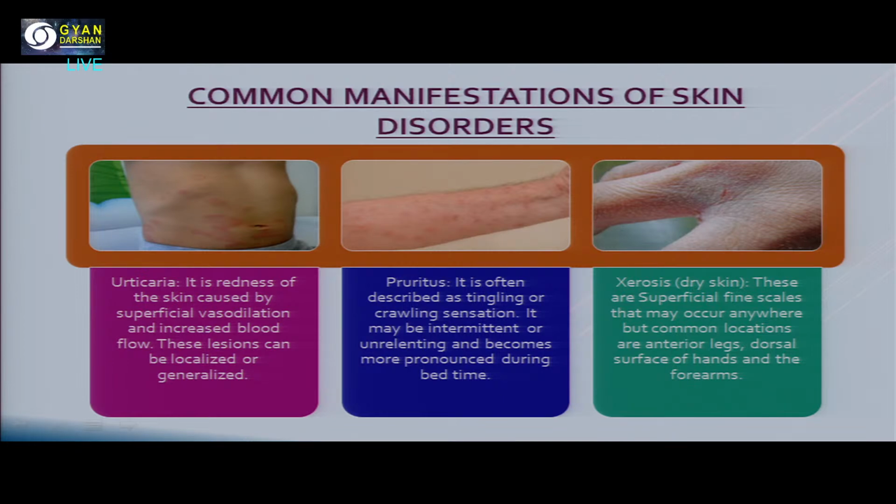Second is pruritus. Pruritus comes along with urticaria and is usually present in all kinds of patients, especially in skin disorders. The patient feels that there is a tingling sensation over the skin, which may be due to itching or other known sources. It becomes more pronounced when a person goes to bed, that is, during the night.